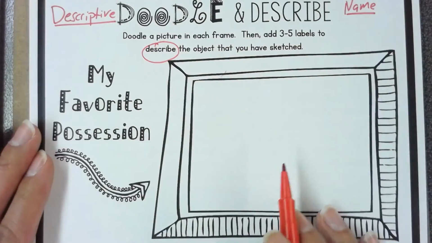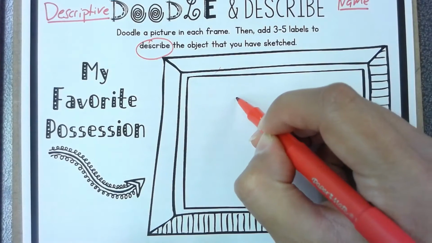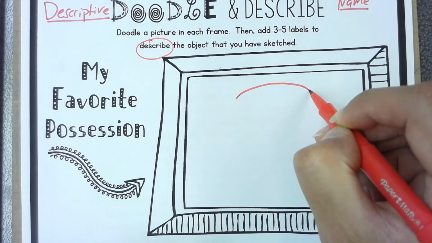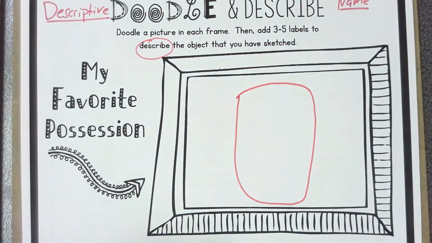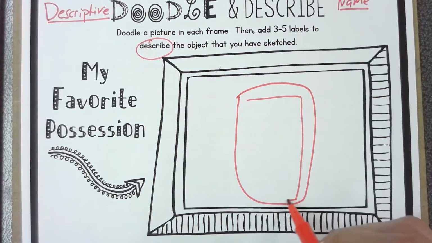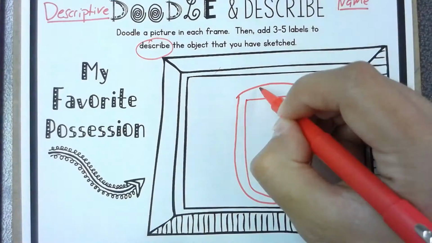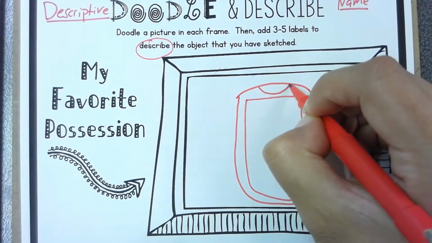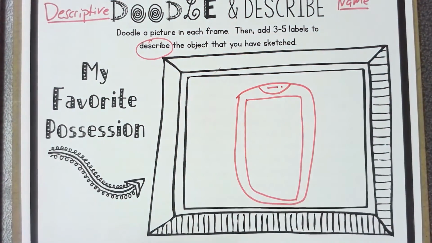So let's get started. You should be drawing with me. So my favorite possession is going to be my iPhone. And this is supposed to be an iPhone. Now I have a screen. Then I have this right here. Little camera.